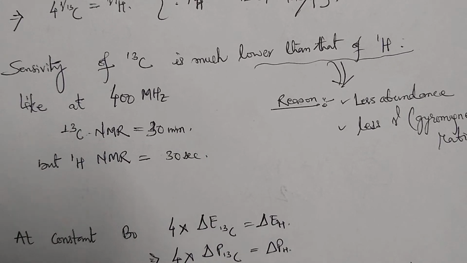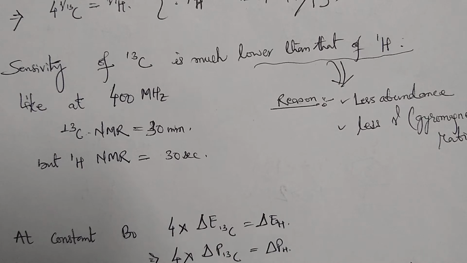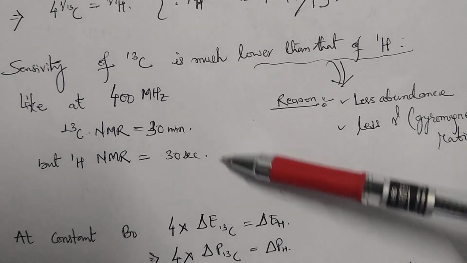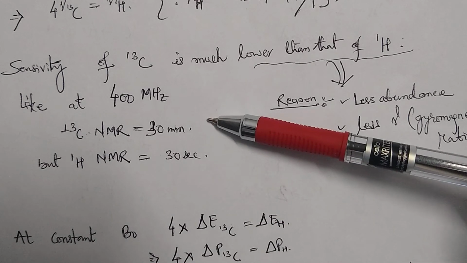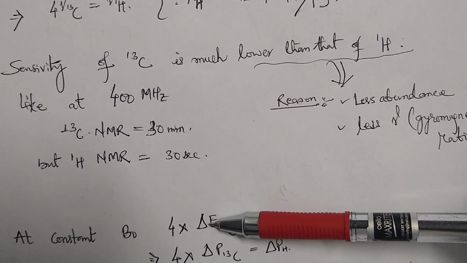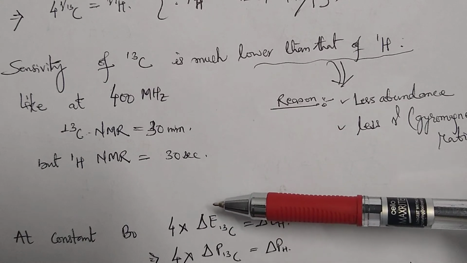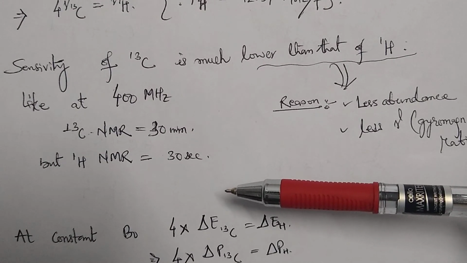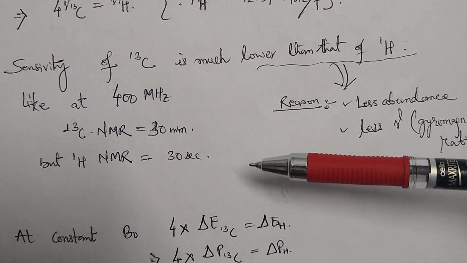Now we know that the energy difference between the alpha and beta spin states of the nuclear spin is denoted by delta E. That delta E is directly proportional to the population difference, and it is directly proportional to the gyromagnetic ratio, which we have already seen in the basic concepts of NMR spectroscopy.